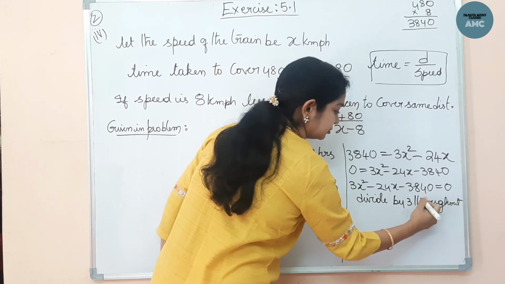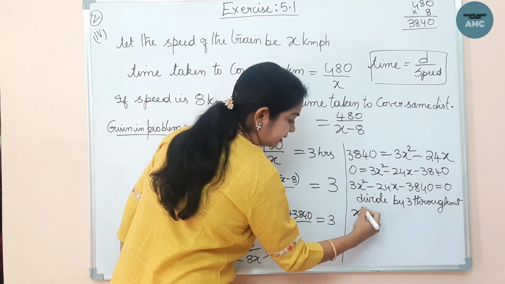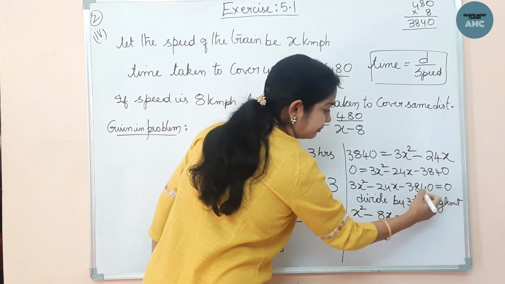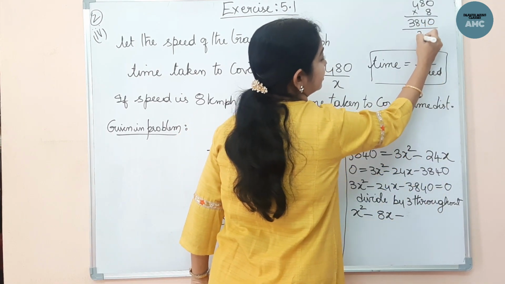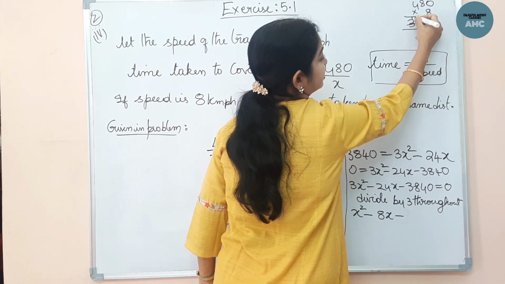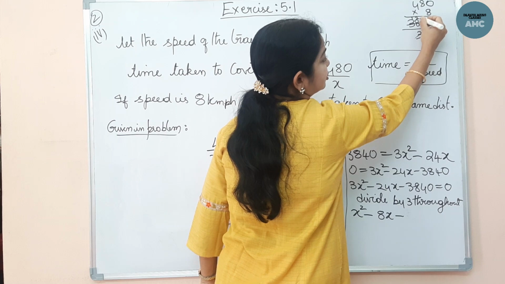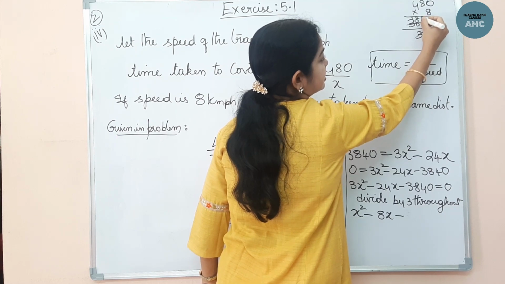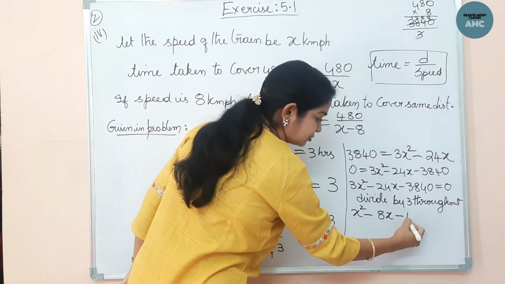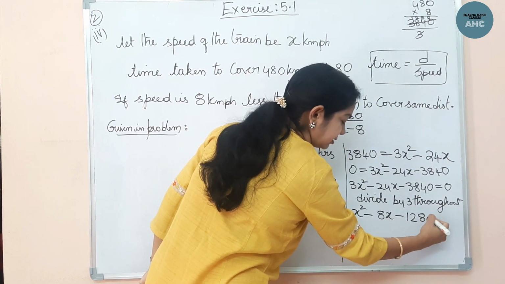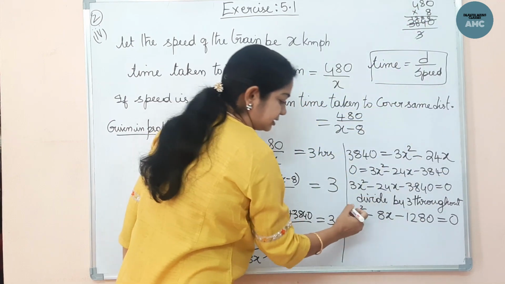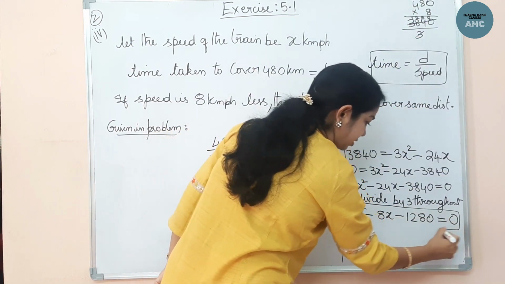It will be reduced to x square minus 8x minus 1280 equals 0. Now this is the quadratic equation.